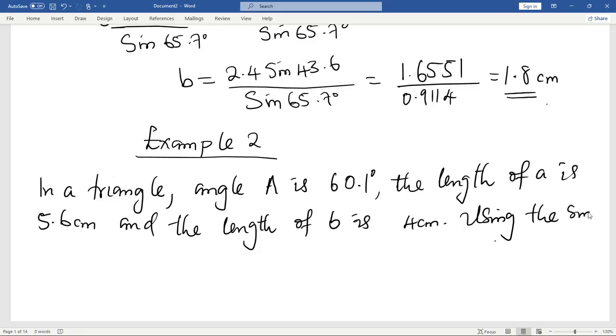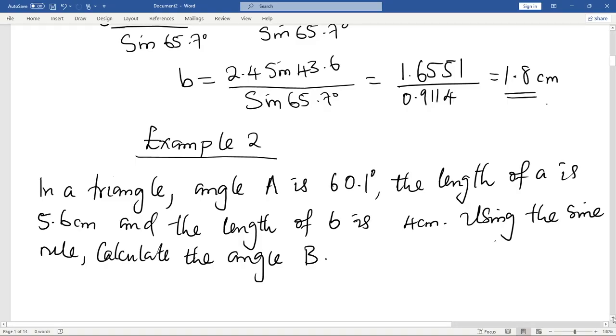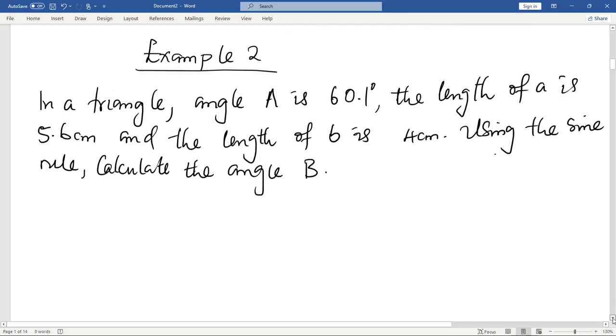Using the sine rule, calculate the angle B, like this. Okay, let's go ahead and try to draw a triangle using the information that we have.